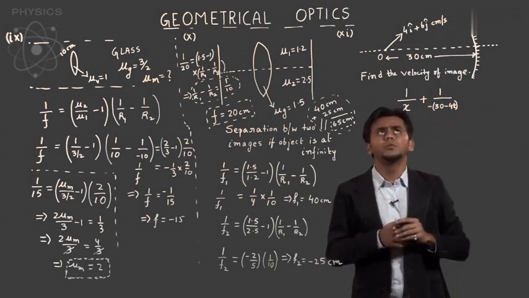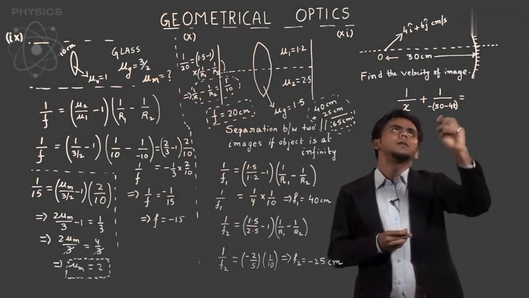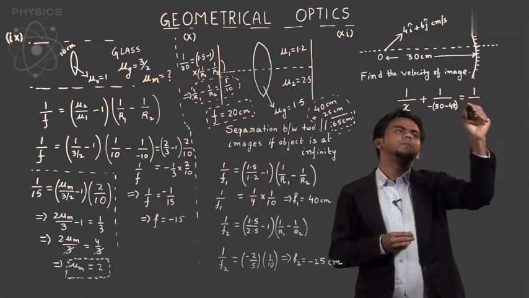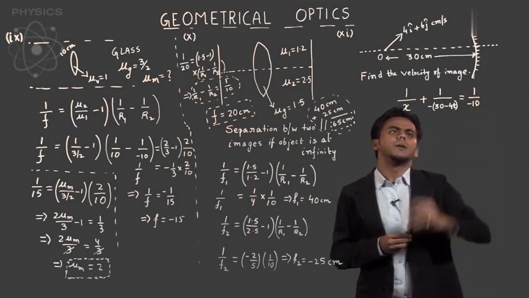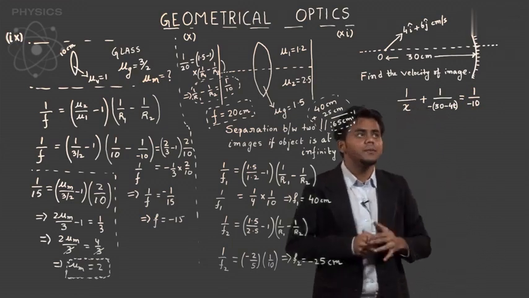But with a negative sign too, because it's to the left of the pole. Equal to 1 by f, which is 1 by minus 10.